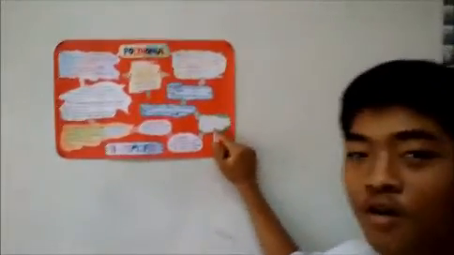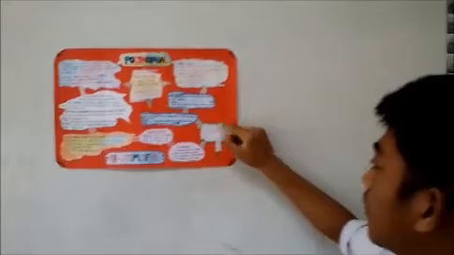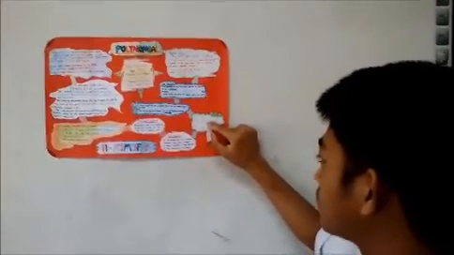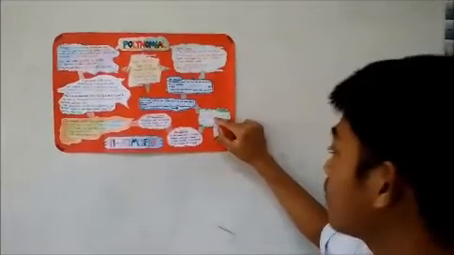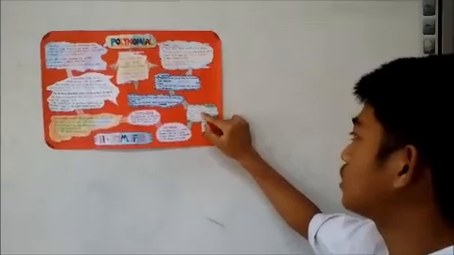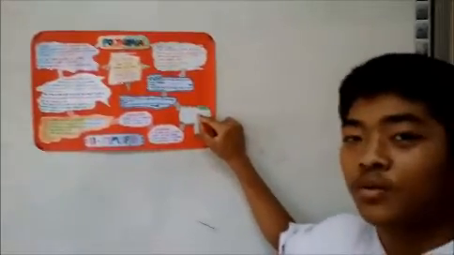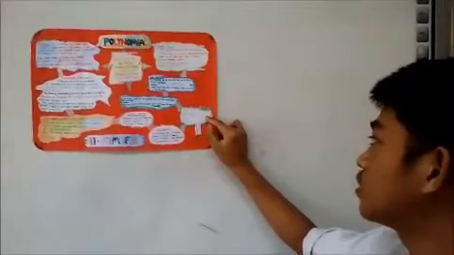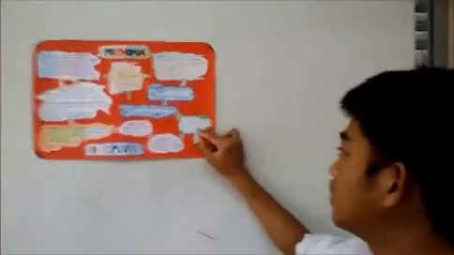So find the value of m and n. And we know that in a constant polynomial the coefficient of all variables is 0. So 2m minus 4 is equal to 0, so m will be 2. And also 5 minus n is equal to 0, so n will be 5.